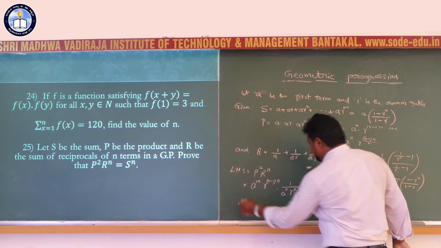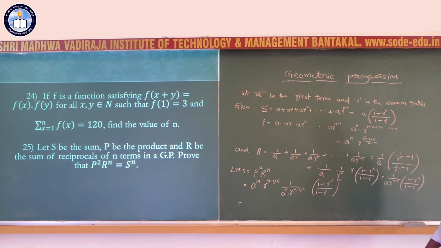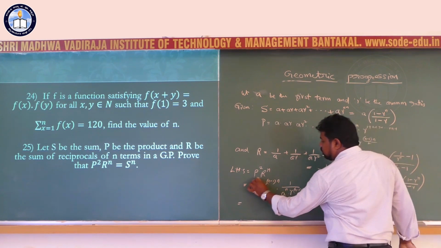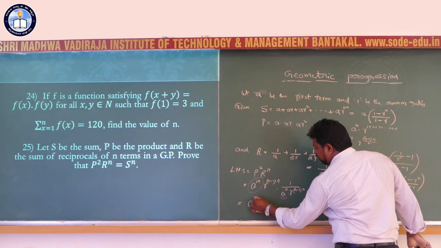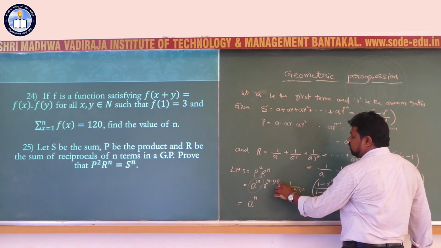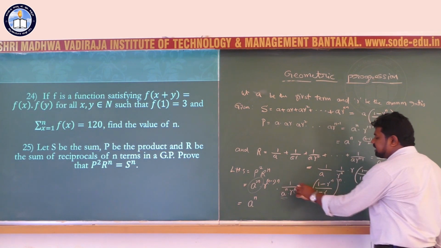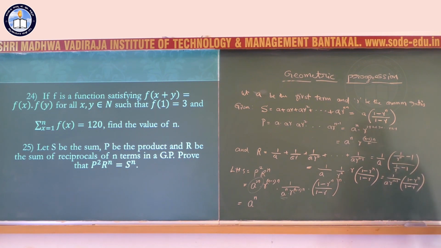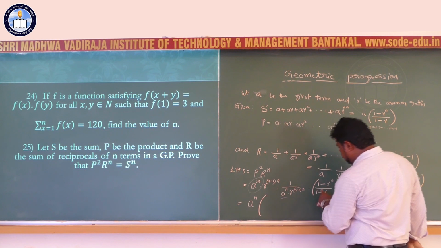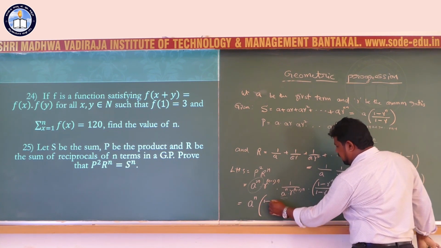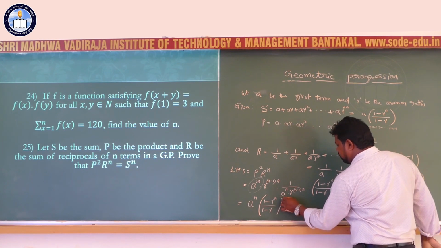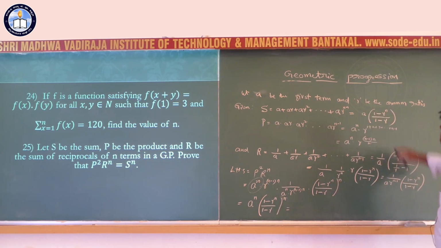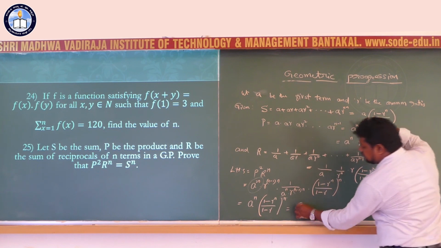That is equal to a power 2n by a power n, that is a power n, r power n minus 1 into n. In the denominator also r power n minus 1 into n, these two are cancelled. That is equal to a power n into 1 minus r power n divided by 1 minus r its power n, that is equal to S power n.